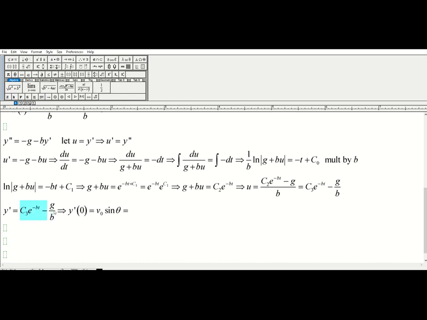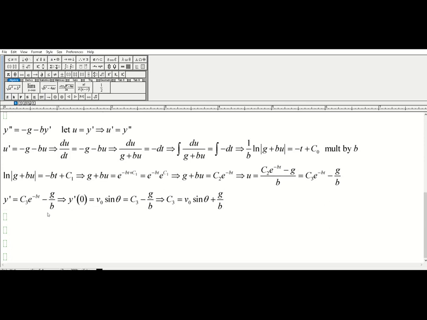So I just get this constant minus g over b. And so C3, after all of this mess, whatever the constant is that we've been messing around with, that's why I kept renaming it. It didn't really matter. We were going to get to the same thing no matter what. And it's going to be this term plus this here. So now let's go ahead and rewrite our y prime and set ourselves up for our final integration.